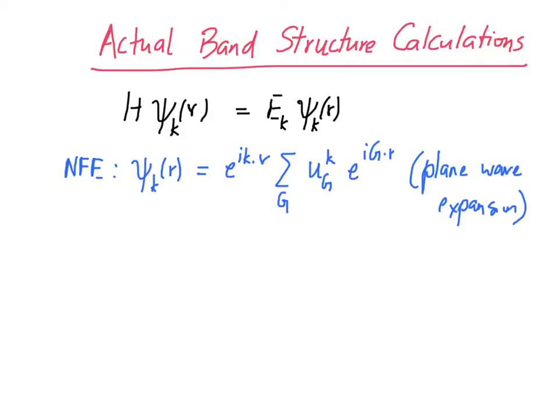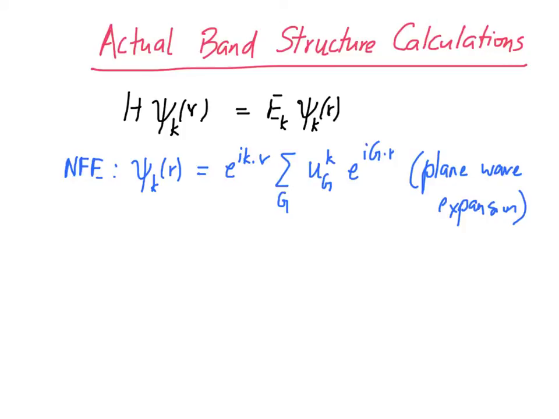It's just that we need to truncate this infinite series at some point to make calculations practical, and if you truncate it to some kind of an extreme situation, we get the nearly free electron model. But if we extend the series further on, we can get results with increasing levels of accuracy. So that's what we do when we attempt to solve this problem using the plane wave expansion.